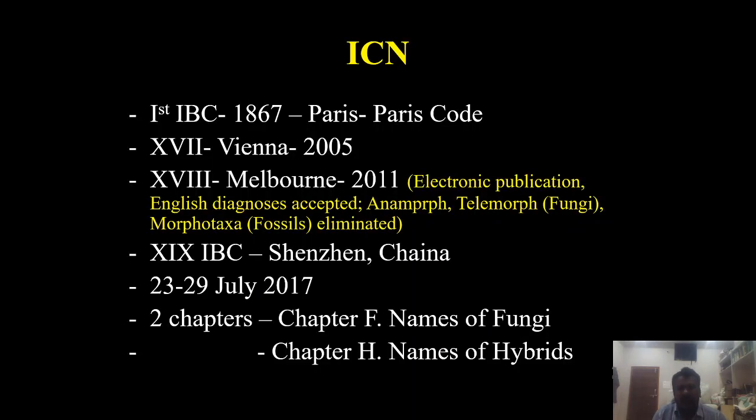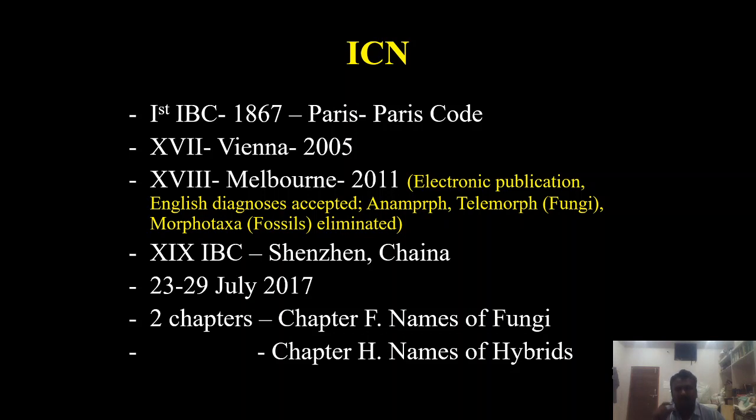So let us come to the ICN, the International Code of Nomenclature. The first International Botanical Congress was held in 1867 at Paris. After this Congress, the rules, recommendations and regulations for naming plants were published in a book.